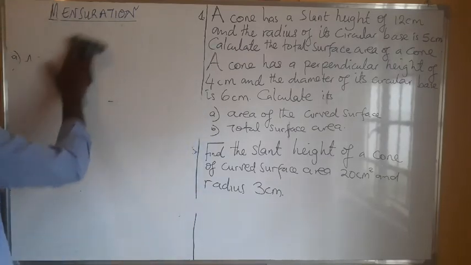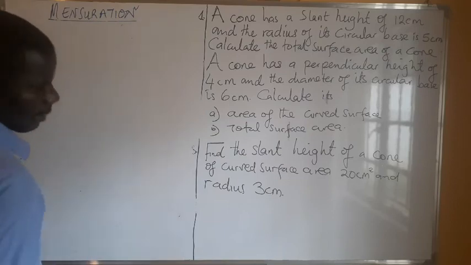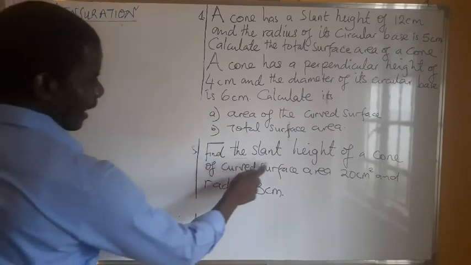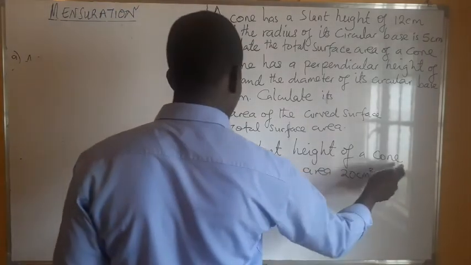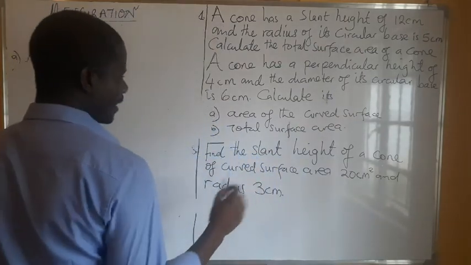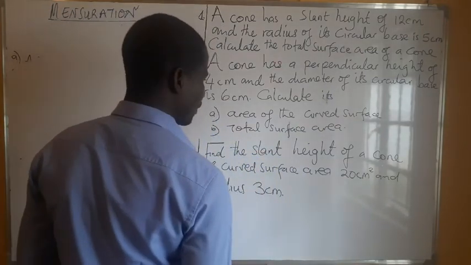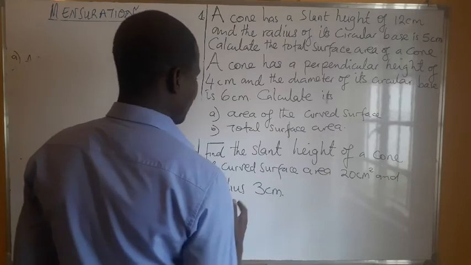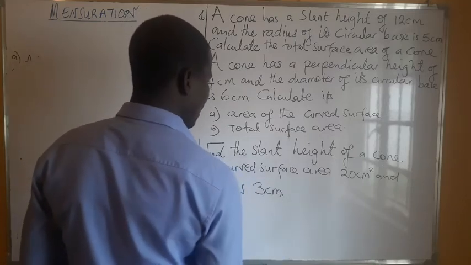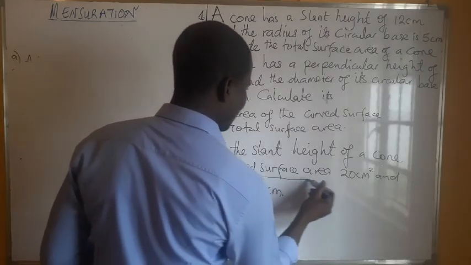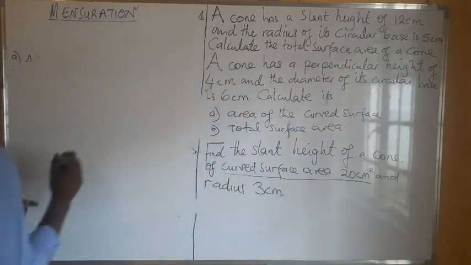Let's look at the last example. Find the slant height of a cone of curved surface area. The curved surface area is already given.